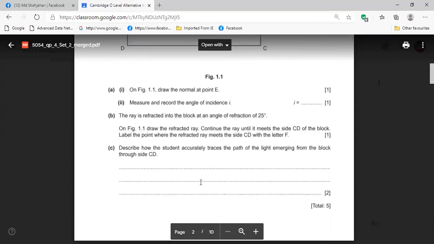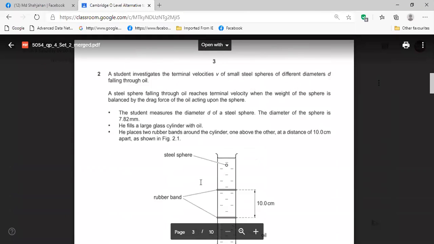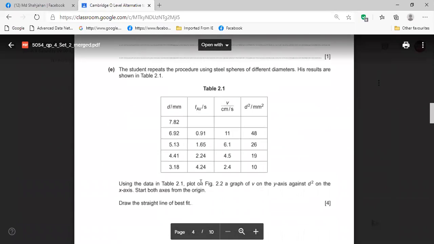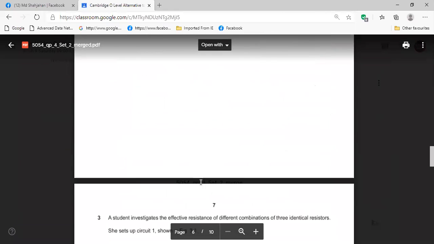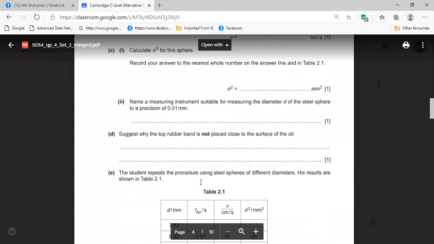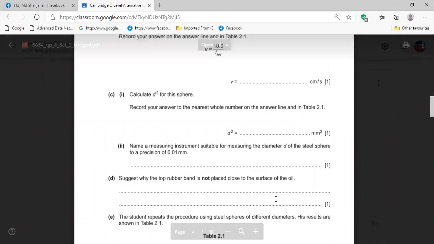By Sunday you will try only question number 2. Question number 2 is related to graph. So you try before drawing the graph, as much as possible, till D. Is it clear? Yes, sir.